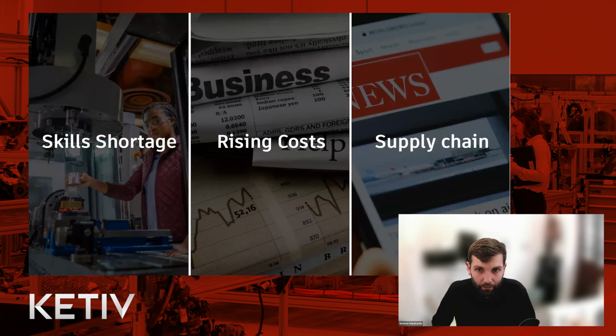We see it time and time again that it's difficult to fill those positions. You've got rising costs. We're all feeling that, both professionally and personally, of course, with cost of living and inflation. And then supply chain volatility. The Russian invasion of Ukraine didn't do anything for the stability of the supply chain, of course. But there are industry trends that will allow us to capitalize on some of these challenges.